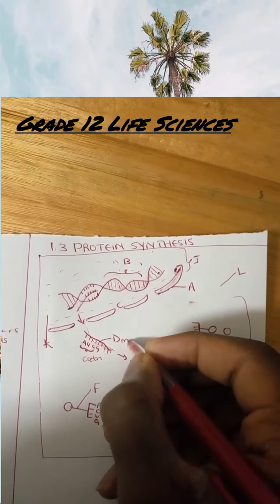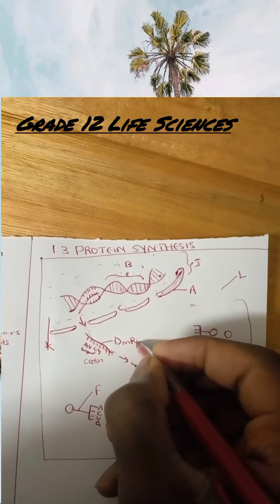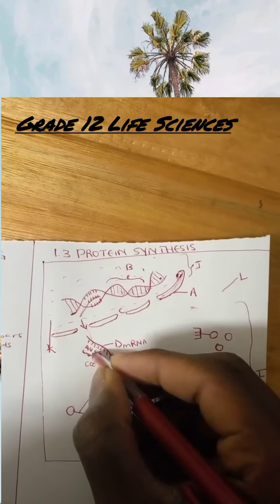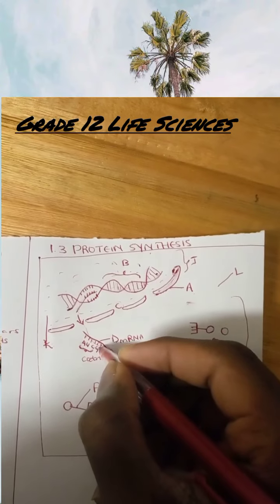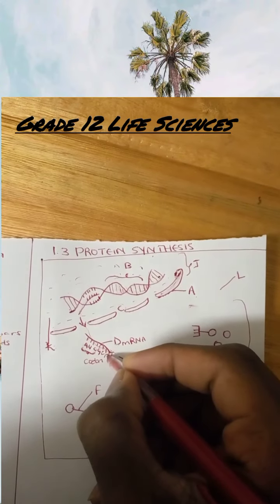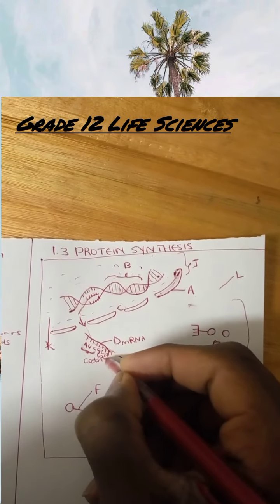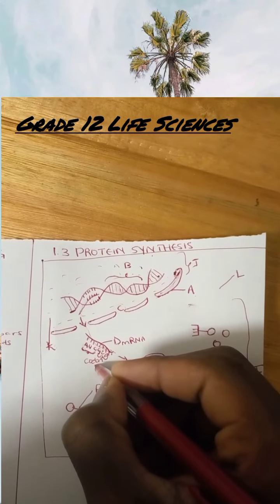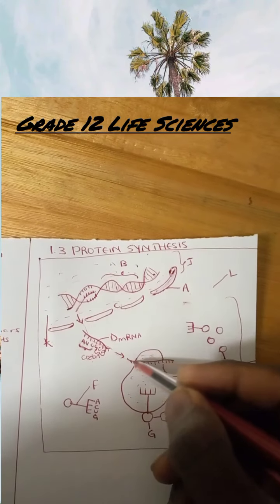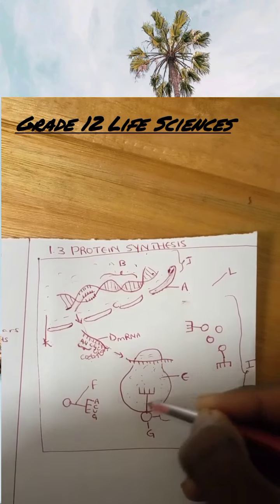Remember that it has the codons. Like, let me just say, here it's C, here it's A. The triplet here, we are still going to call the codon, you see? And then it goes and attaches itself on the ribosome.